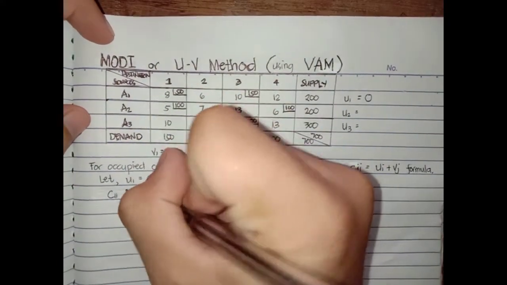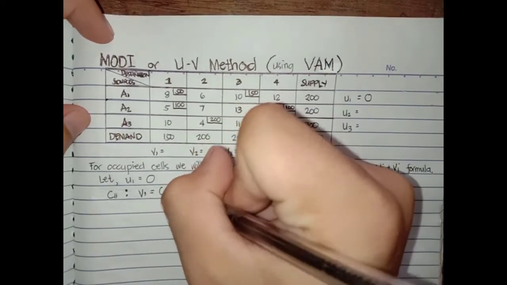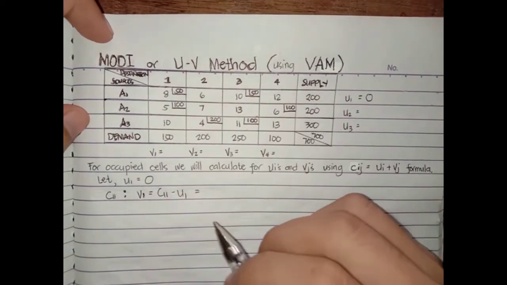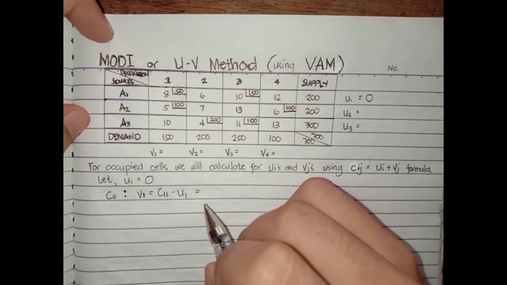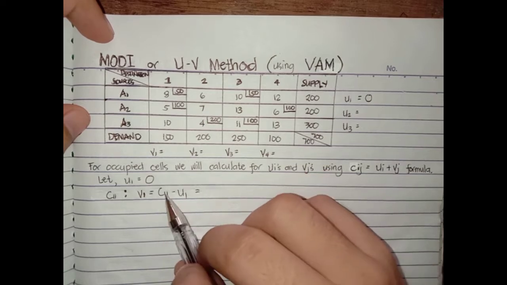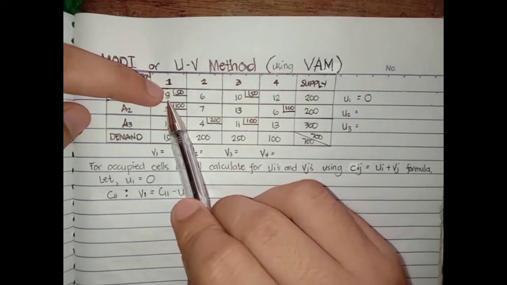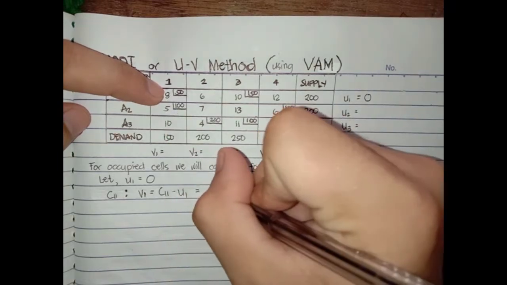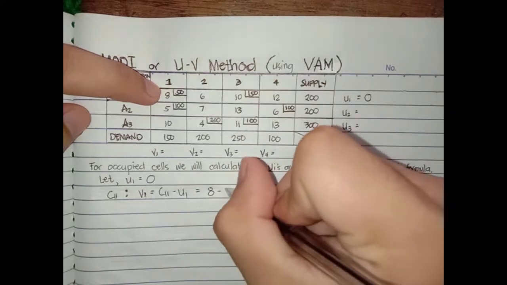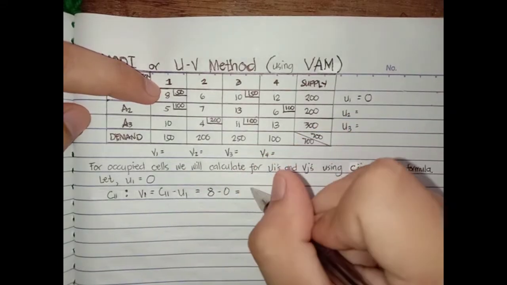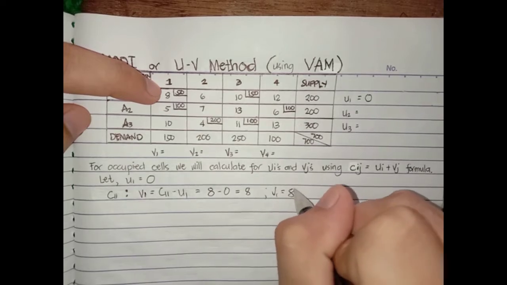So V1 is equal to C11 minus Ui. We just rearrange the formula to get this equation. C11 is 8. So we have 8 minus our Ui which is 0, so it is equal to 8. So our V1 is equal to 8.